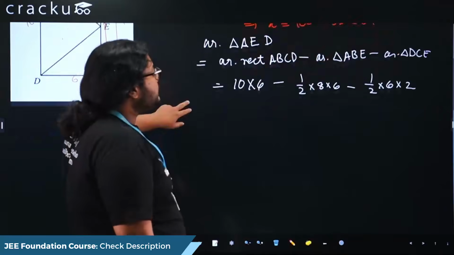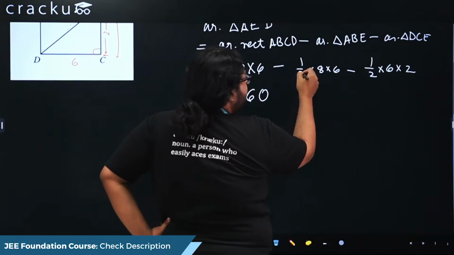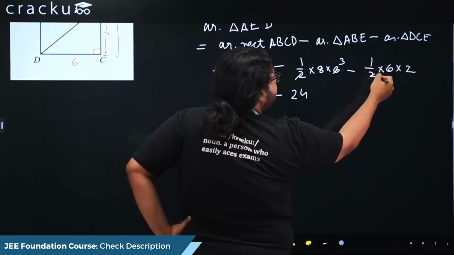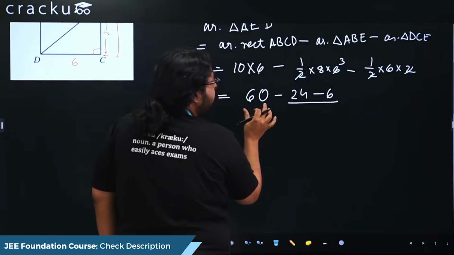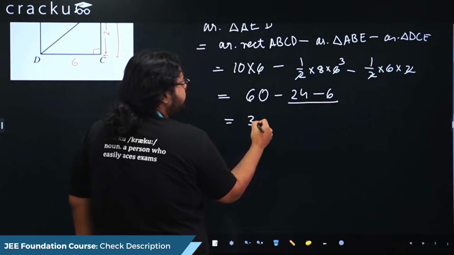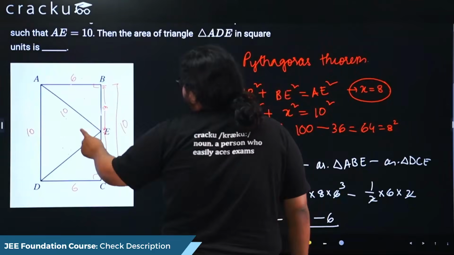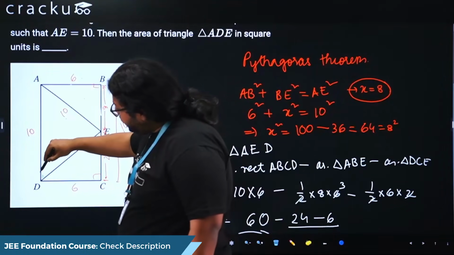Okay, now we can just simplify this a little bit. 10 into 6 is 60. This is 24, and this is 6. 24 minus 6 is 30. 60 minus 30 is 30. So what is the area of this remaining area? What did I do here? I basically took the whole rectangle, right?